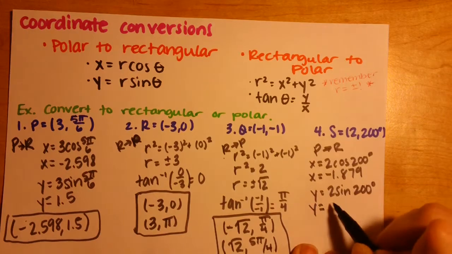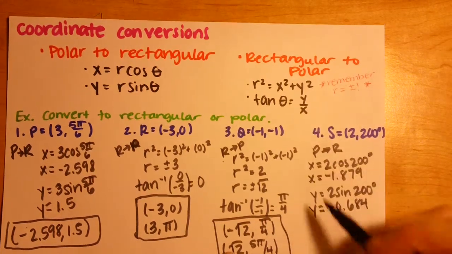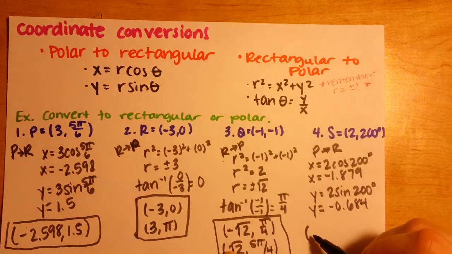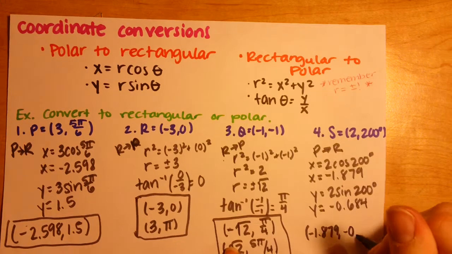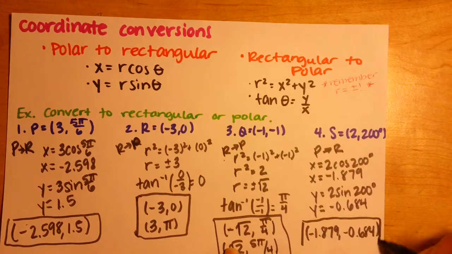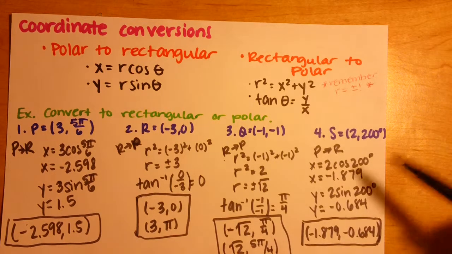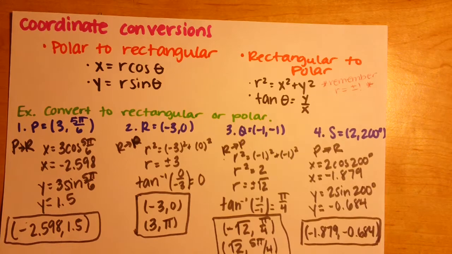So y equals -0.684. So our new rectangular point is -1.879, -0.684. And that will match the quadrant that it is in currently.